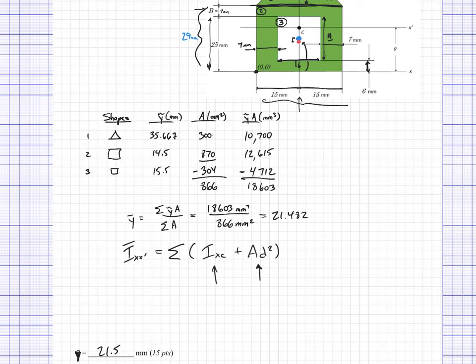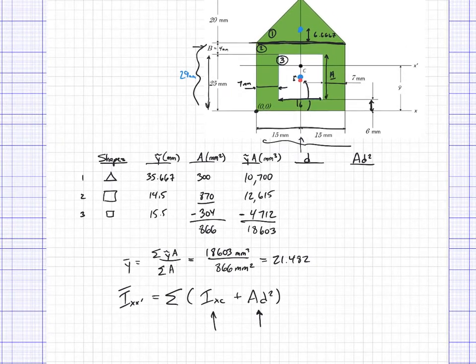So what I'm going to do here, I'm actually going to go ahead and get AD squared first. So I'm going to get D and then AD squared first, just because it's set up for this, right? So for our distances, instead of bending this triangle around this location, I'm bending it around this location. So what is the distance I had to move to go from one to the other?